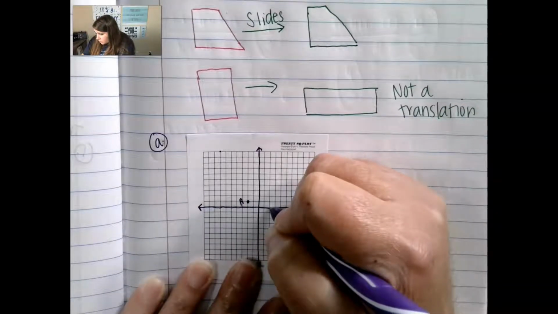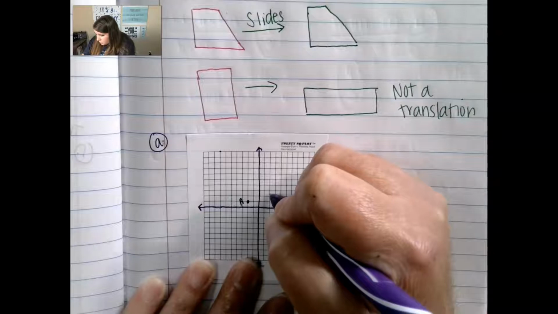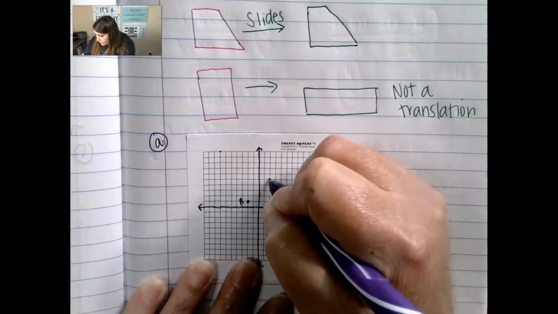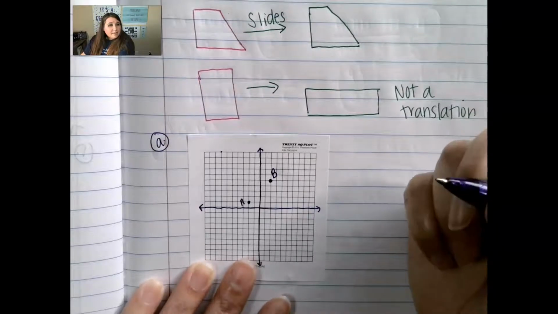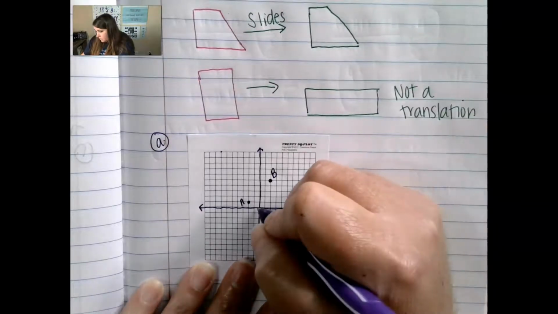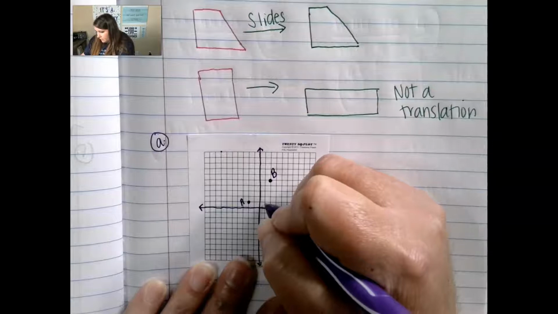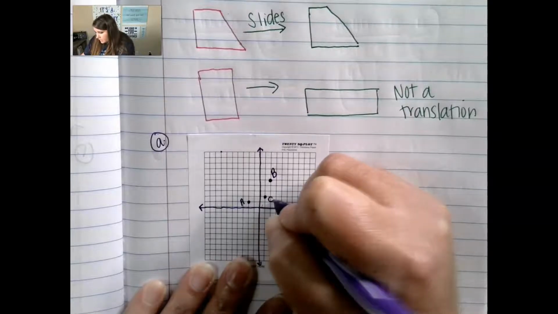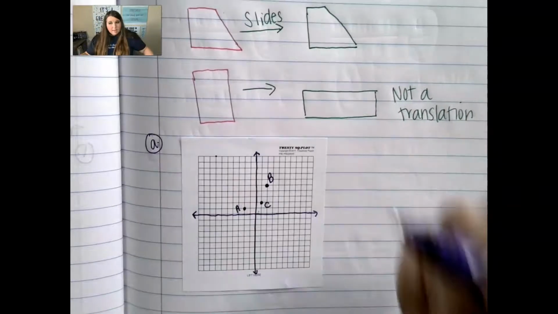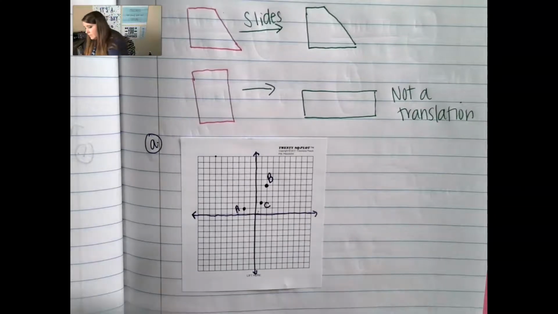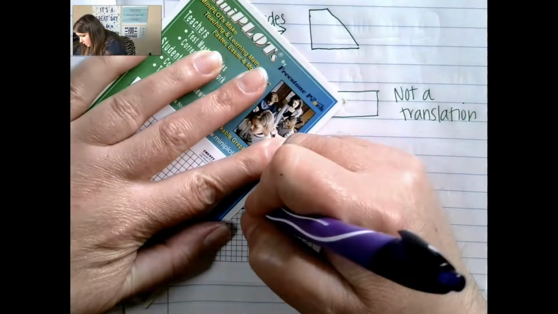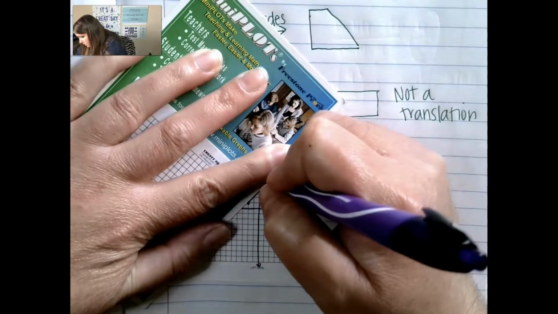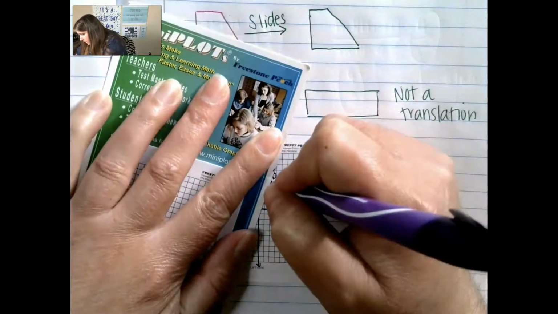So I'm going to go over to 2 and up 1, 2, 3, 4, and 5. That's point B. And then point C is at 1, 2. So I'm going to go over to 1 and then up to 2, and that is point C. And I'm going to connect these to make my triangle. So this is what my first original shape will look like.